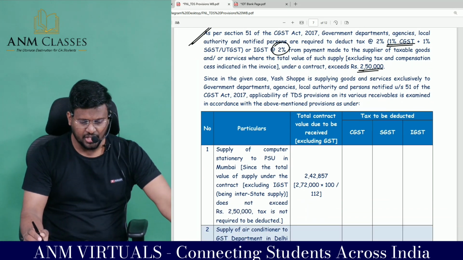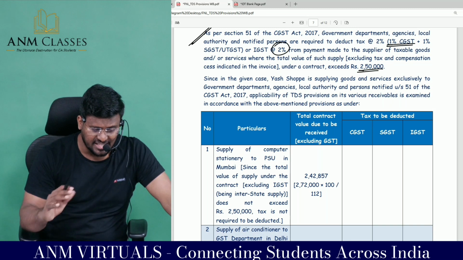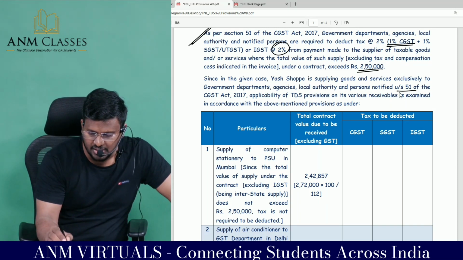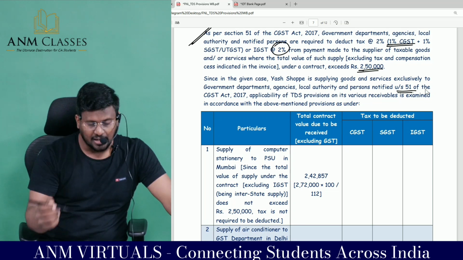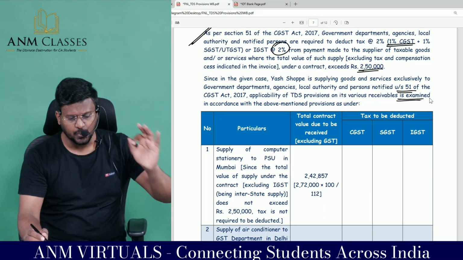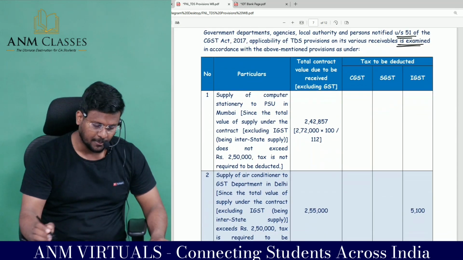Since in the given case, the assessee is supplying goods and services exclusively to government department, agencies, local authority and persons notified under section 51 of the CGST Act, applicability of TDS provision on its various receivables is examined in accordance with the above mentioned provisions as under. Number 1.